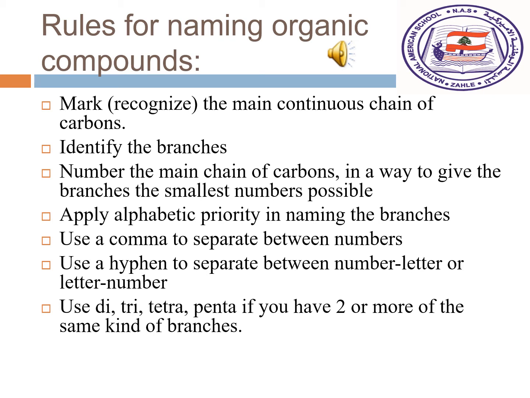Lastly, we need to use di, tri, tetra, penta if we have 2 or more of the same kind of branches. What is meant by this rule? Let us just consider that on the main chain we have 2 methyls, so we have to write down dimethyl. Let us just consider that we have 3 ethyl groups on the main chain, then we have to use the prefix tri.